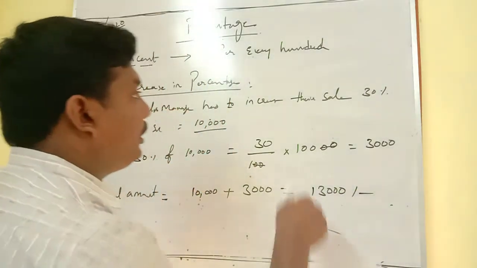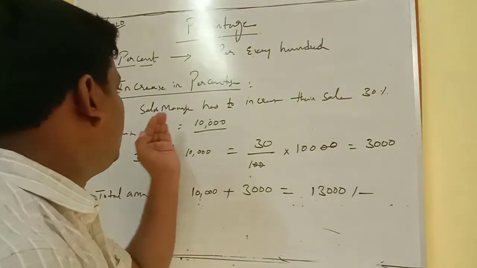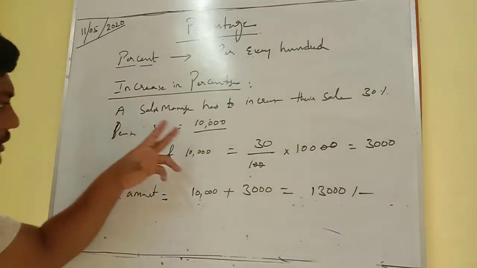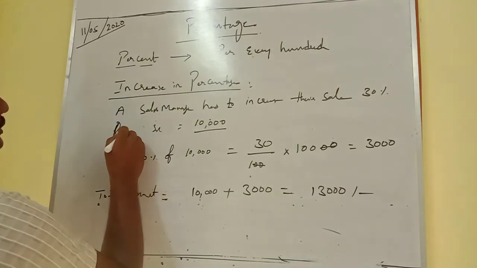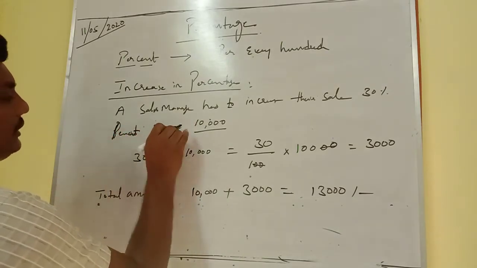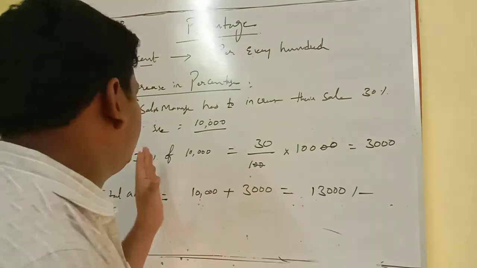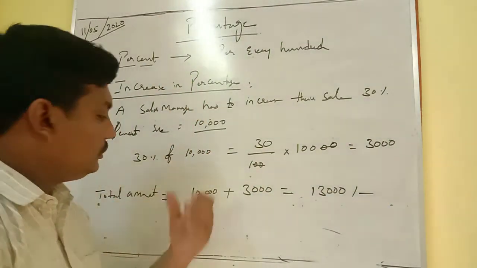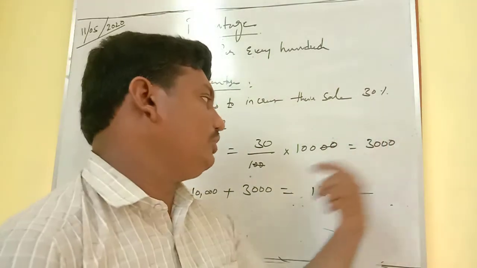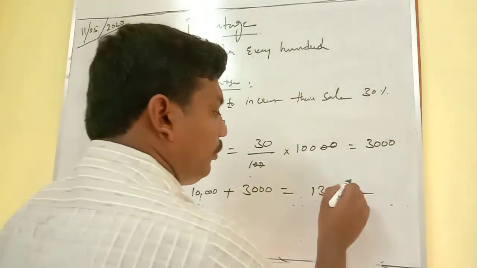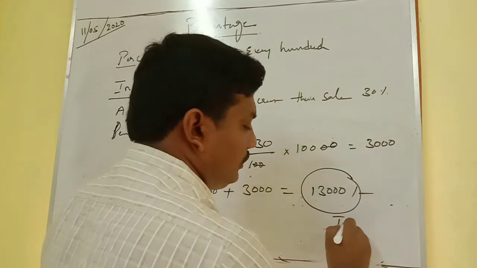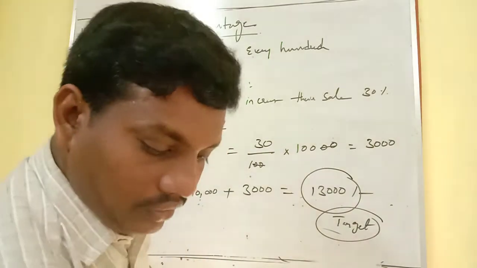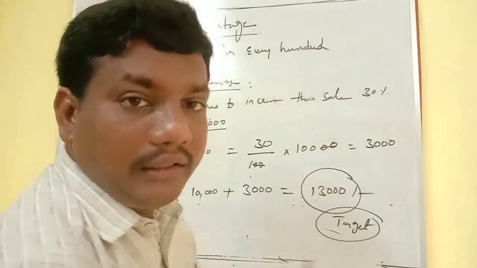The sales manager wants to increase their sales by 30%. The present sale was 10,000 rupees. 30% of 10,000 becomes 3,000. So the total amount is 10,000 plus the increasing amount 3,000. This is their target now, 13,000. Now understand what the increasing percentage is.